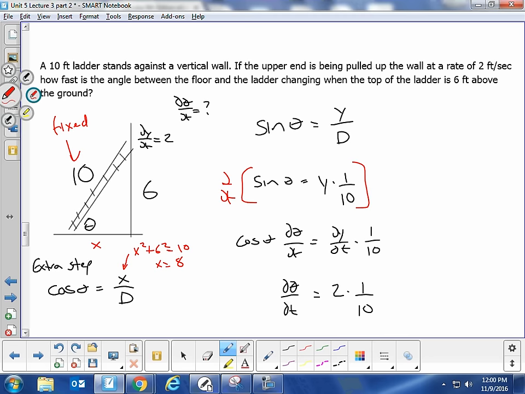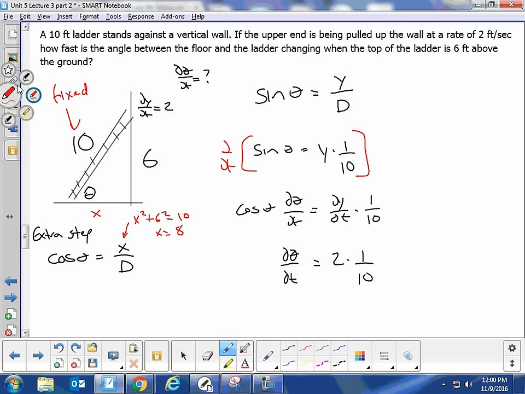It's a 6, 8, 10 triangle. So now I get cosine of theta is equal to 8 over 10. This can be replaced with 8 over 10, and I can solve for d theta/dt. Multiply by 10 divided by 8, I end up with just 1/4. This would be radians per second.